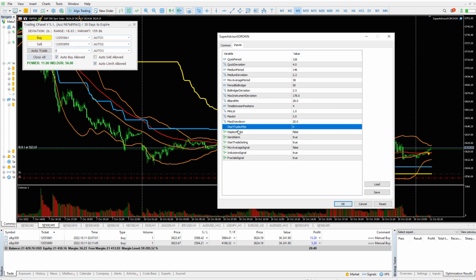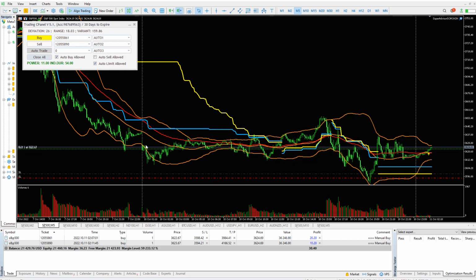Then there's the start time setting. For example, SP500 is trading almost 23 hours a day. But you can say, I don't really want to trade here because my volume is very low. I say, for example, I want to trade from here.